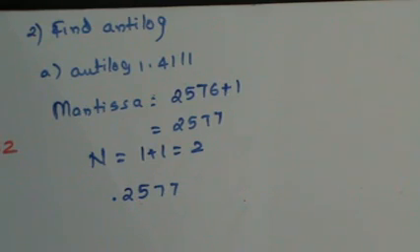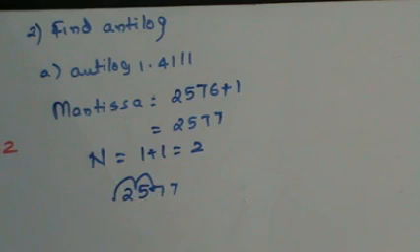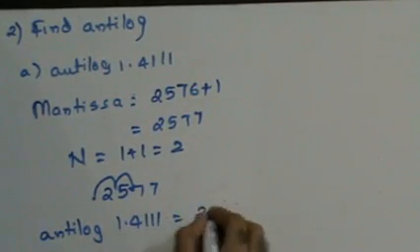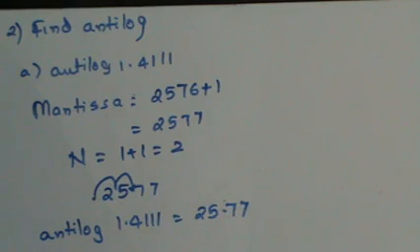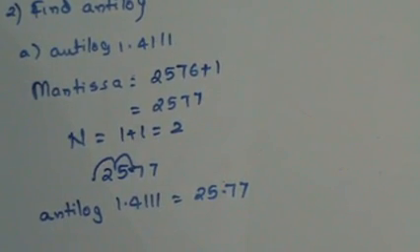Since n is positive, you have to shift the decimal to the right n places. So 1, 2. You will be shifting the decimal to the right 2 places. Hence, anti-log of 1.4111 is 25.77. That's how you find out anti-log. Right? I'll show you a couple of more anti-logs.